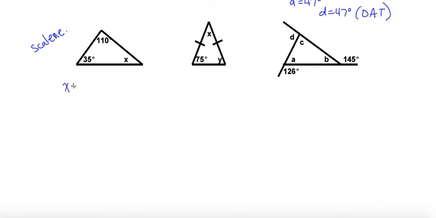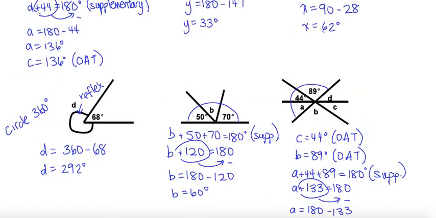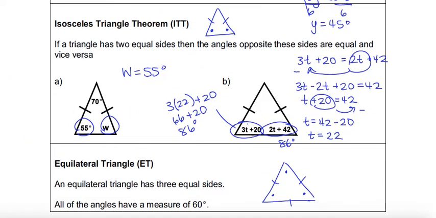So x plus 35 plus 110 is equal to 180 degrees. And if you need to refer back to your sheet to figure out what that's called, you can.